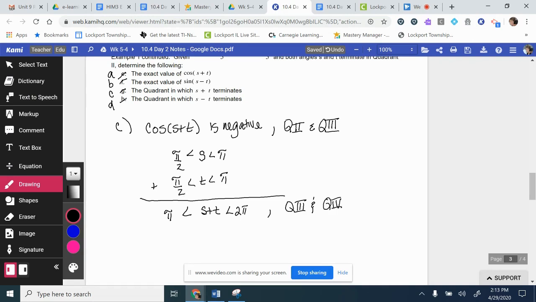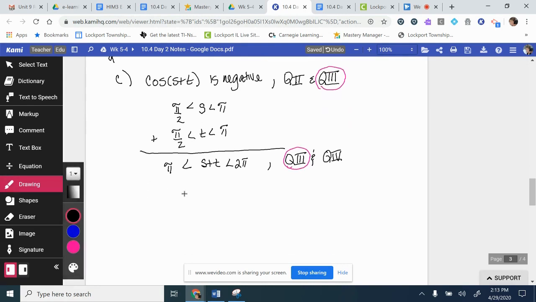And like problems we did way back starting this trig, we have to pick the quadrant that shows up in both places, because we have to satisfy both of these conditions, and the only place that will happen is in quadrant 3.